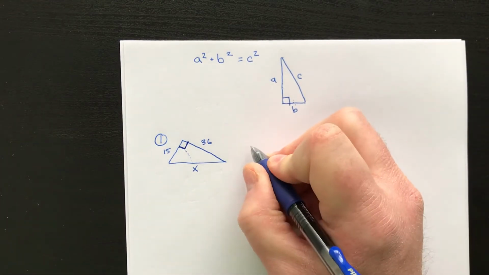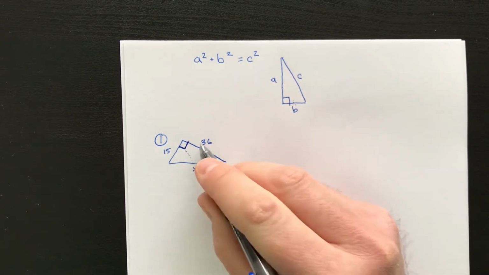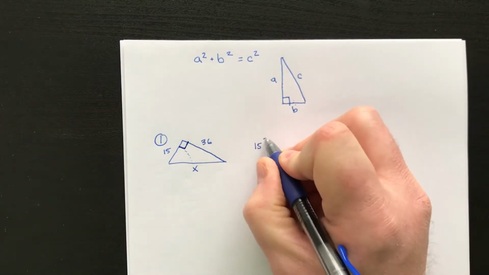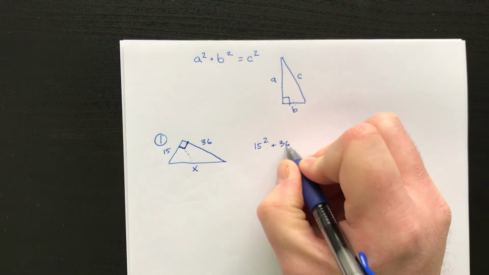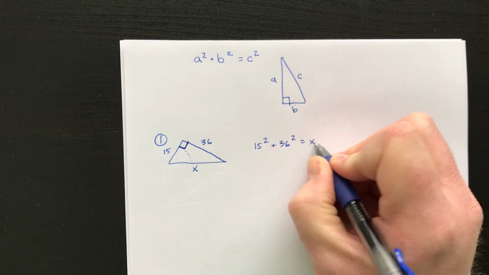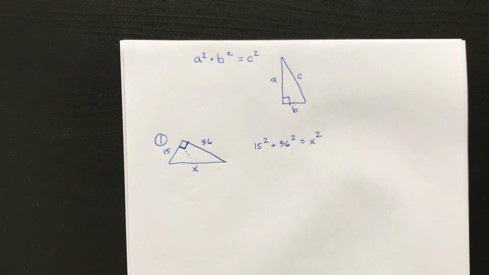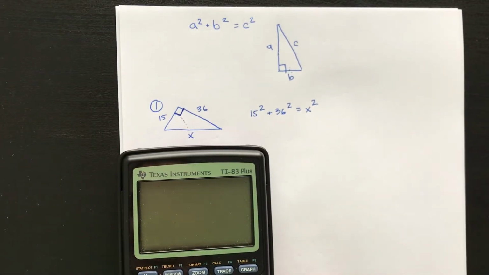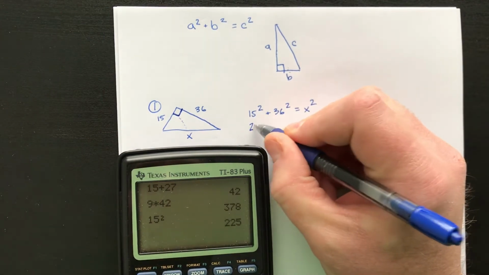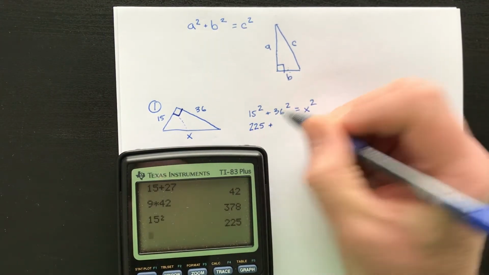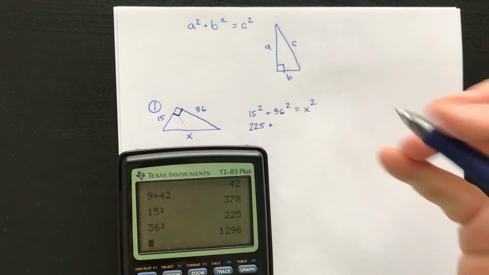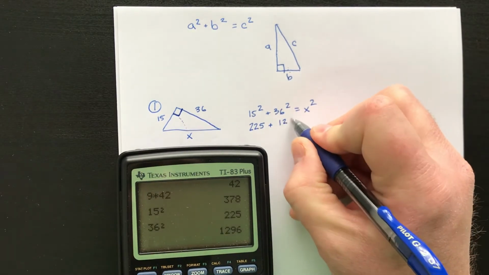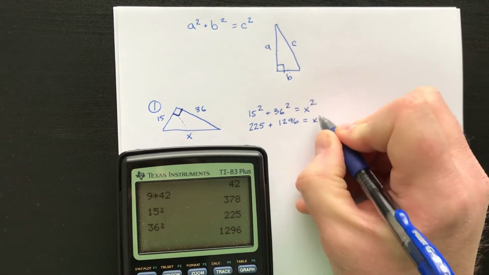So if I'm setting this up, the a and the b don't matter, 15 and 36. So 15 squared plus 36 squared is equal to x squared. I get my trusty calculator. 15 squared is 225. 36 squared is 1296. This is equal to x squared.